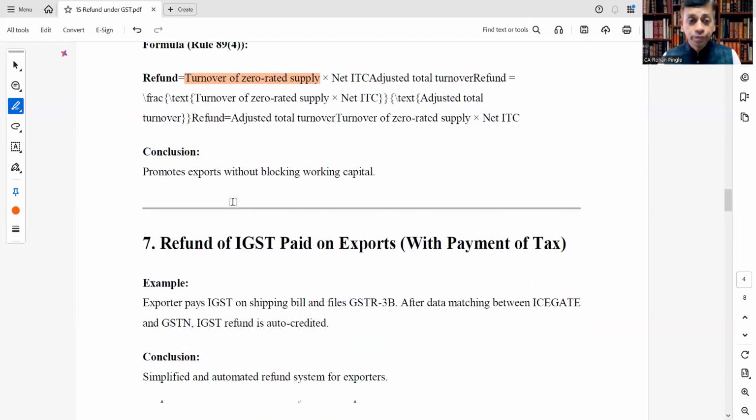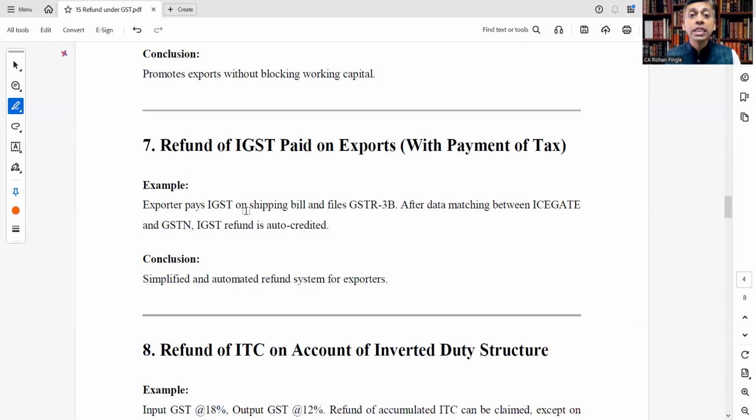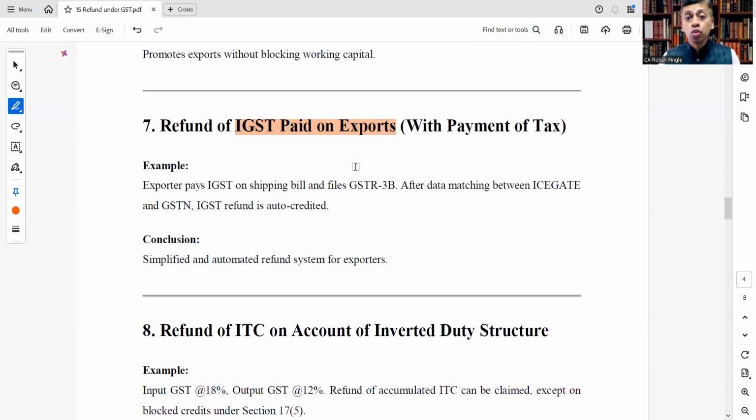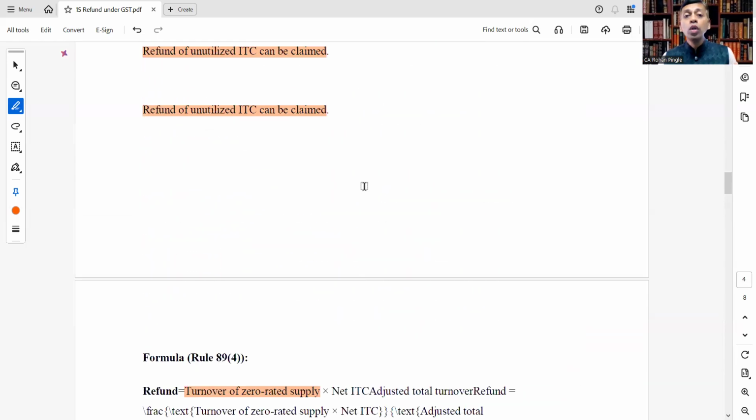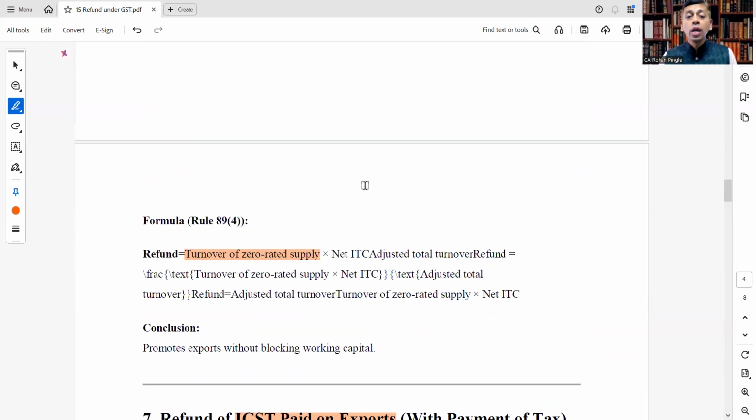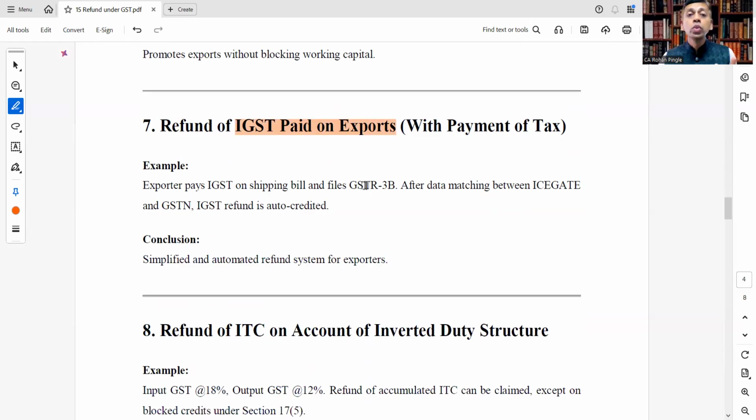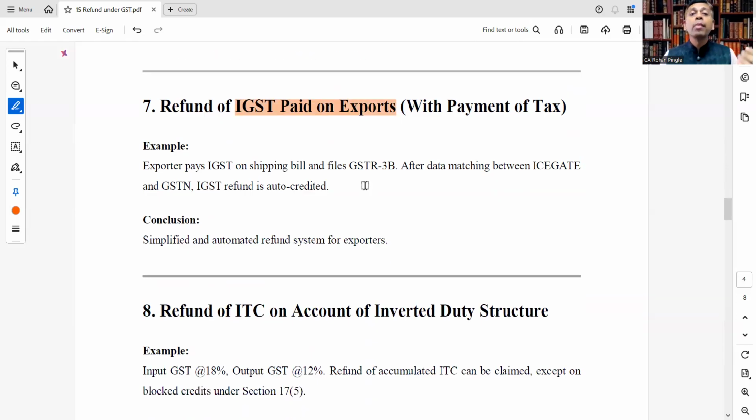Refund of IGST paid on exports with payment of tax. We have seen without payment of tax. Now we are moving on to IGST paid on exports with payment of tax. Let's say, as an example, the exporter pays IGST on the shipping bill and files GSTR 3B.